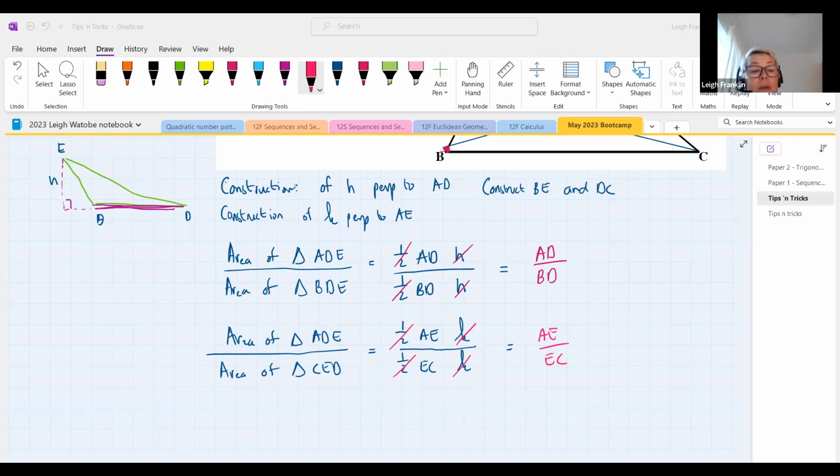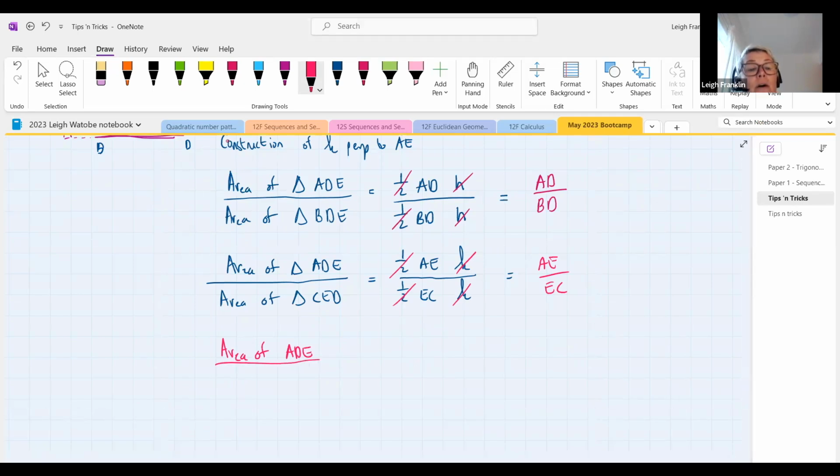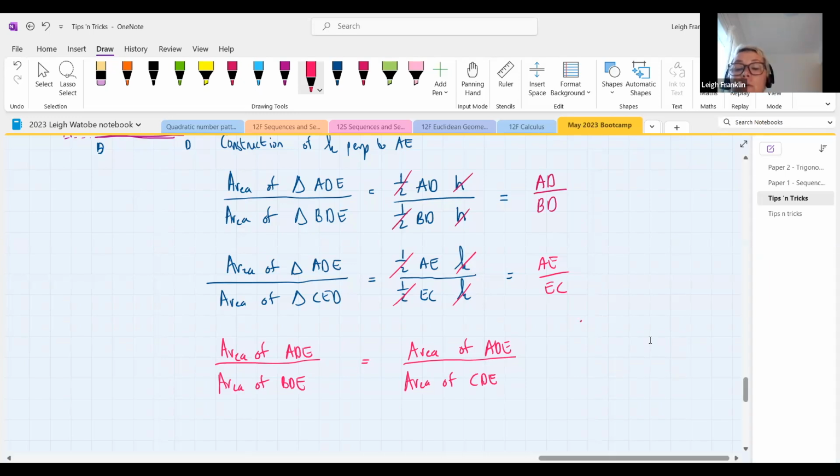So the area of ADE over the area of BDE equals the area of ADE over the area of CDE.